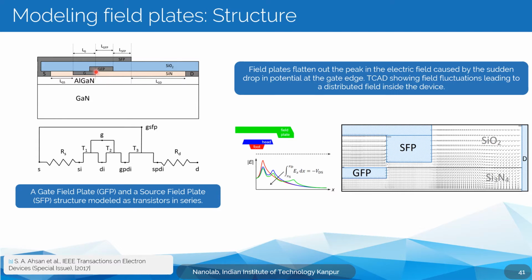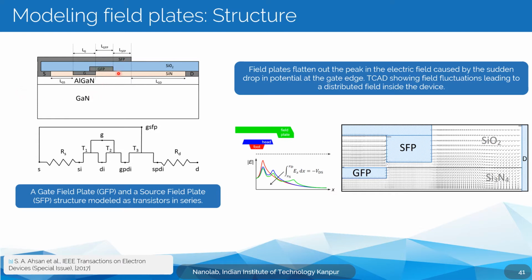Given there is no 2DEG concentration, that is if the device is off, then the entire drop happens across this junction. And there's a huge field in this region which can lead to a localized breakdown in the device. To prevent this, researchers have found a heuristic, which is to use what we call field plates.